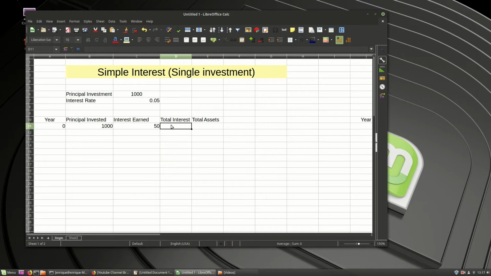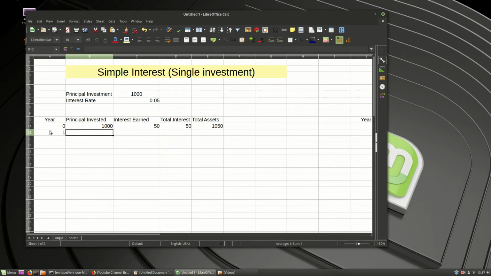And here, the total interest earned is just going to be equal to what we earned this time, and then we haven't earned anything prior to that, so we'll say that's 0. So then the total assets are going to be equal to just the interest that we earned plus the principal that we've invested. So $50 that first year, not bad. Or at the end of the year 0.